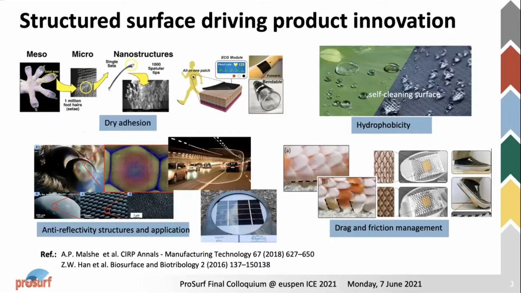Anti-reflective optics can also be used in cars and glass to improve visibility when driving at night, and can increase the efficiency of solar panels. Even our daily shoes today are developed with a slick skin structure for better drag and friction management.